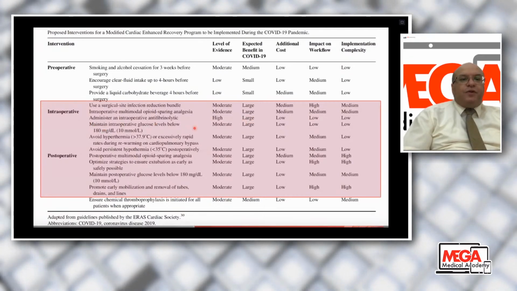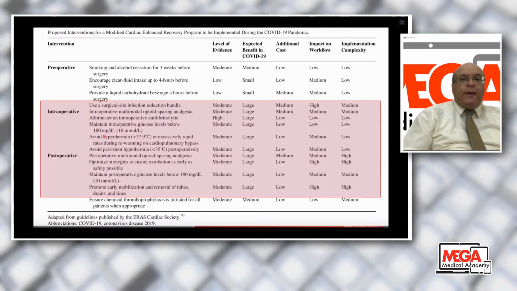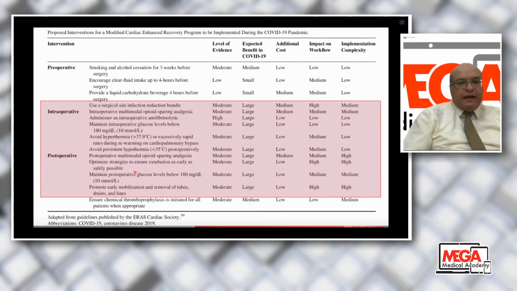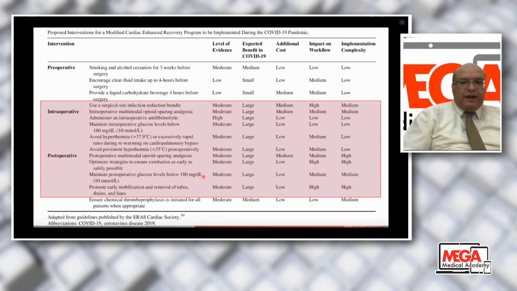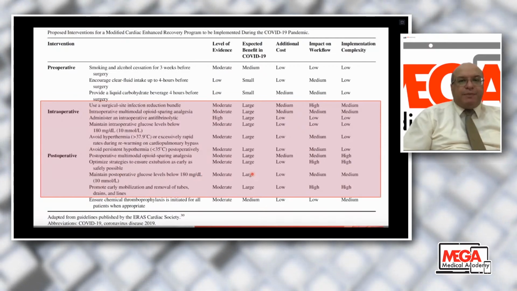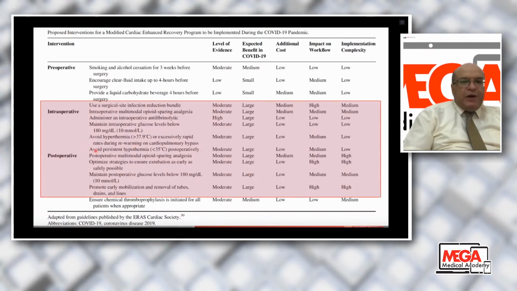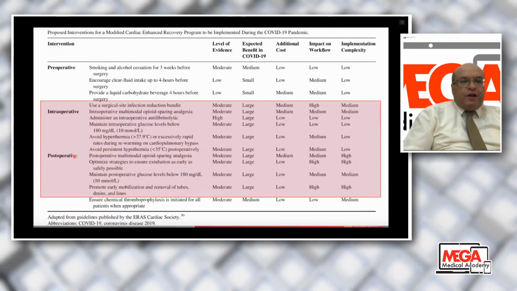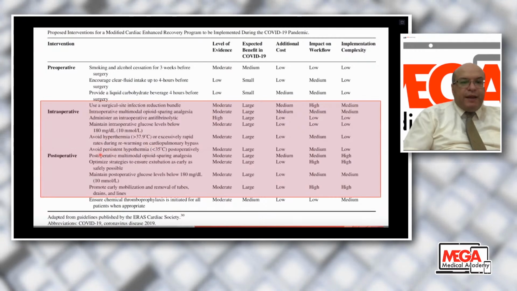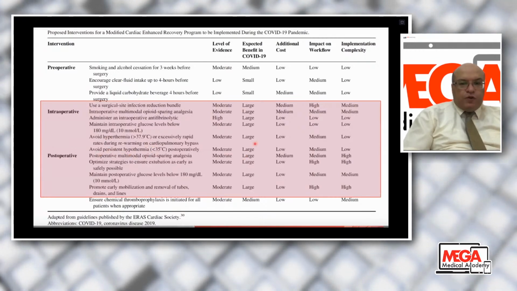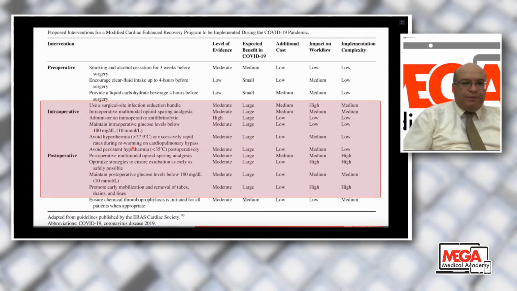Maintain intraoperative glucose levels below 180 milligrams per deciliter, and this is also extended to post-operative care. There is a large expected benefit in COVID patients. Also, avoid hyperthermia and avoid hypothermia, which would be a good benefit for COVID patients.